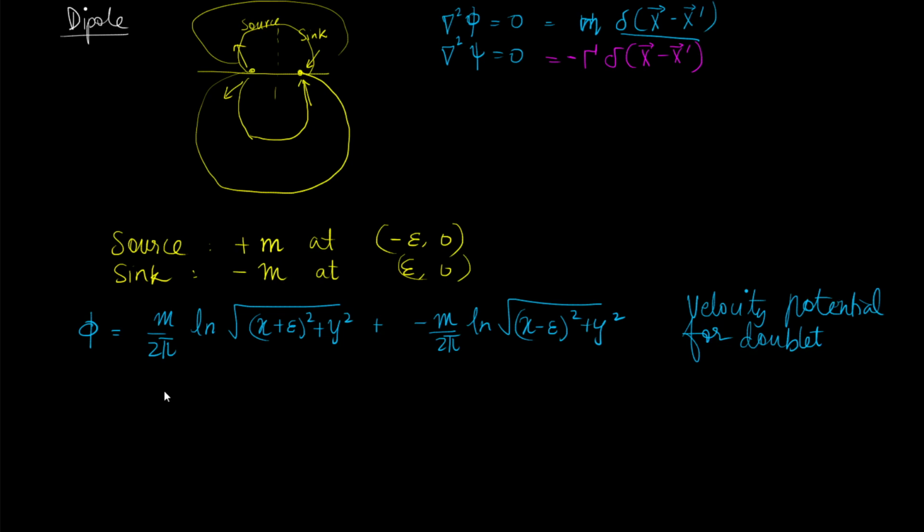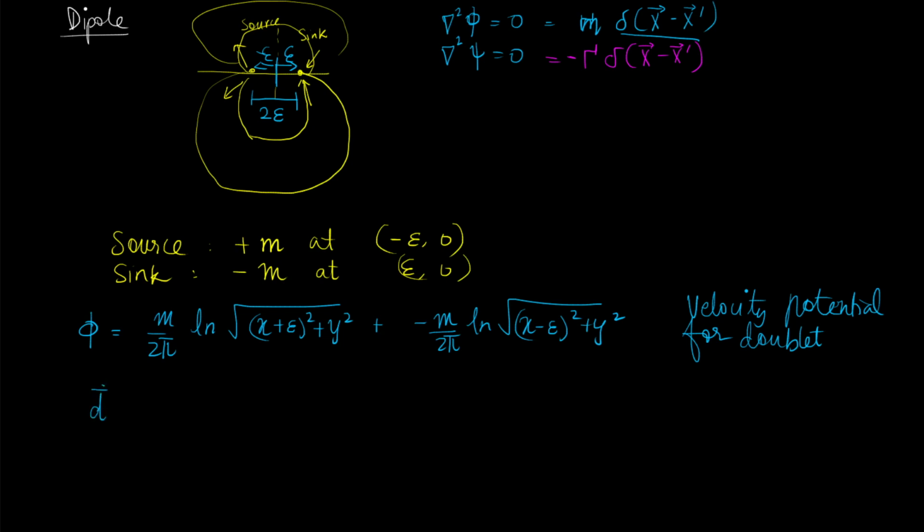So let us look at how this doublet will look like in the limit as epsilon tends to 0 and the strength goes to infinity. So this distance is essentially 2 epsilon. So if this is the origin, this one is epsilon and this one is minus epsilon.